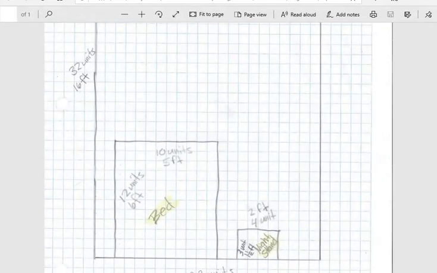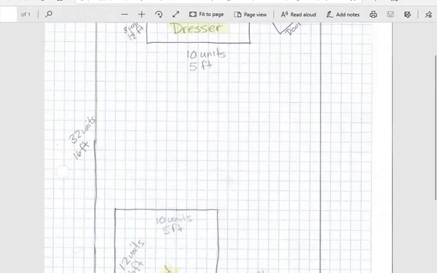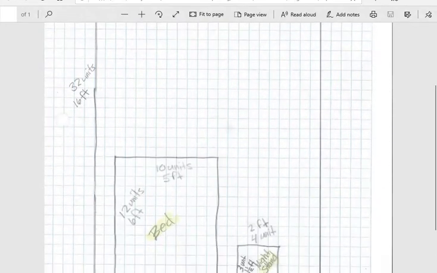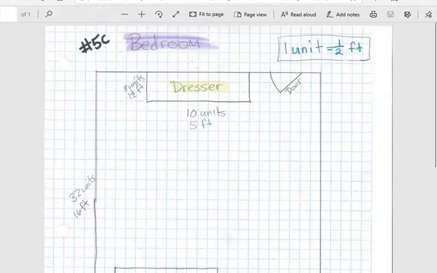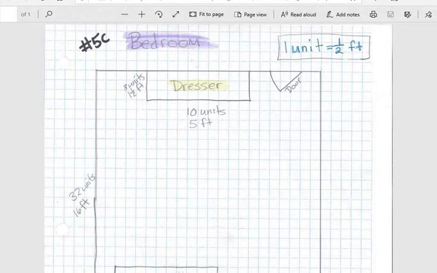And I drew this yesterday during 8th hour. So did I go to my room and measure everything out? No, I just drew something. Well, here it's saying this whole side is 32 units, and then I have 16 feet underneath it. How did I get that? Why did I divide by 2?